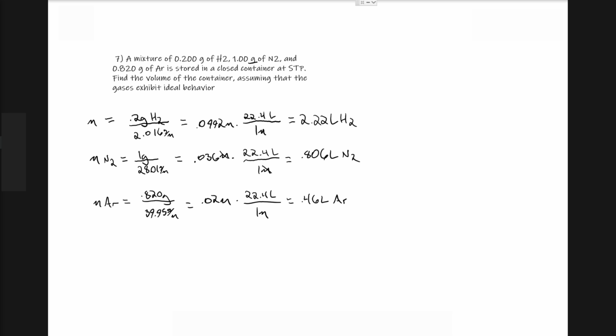You just take the individual pieces or the partial parts of the whole and add it together, and that will give you whatever the whole is. So all you have to do is just add all of these liters together. So we have 2.22 plus 0.806 plus 0.46, and that gives us about 3.49 liters. And that is the final answer to this question.